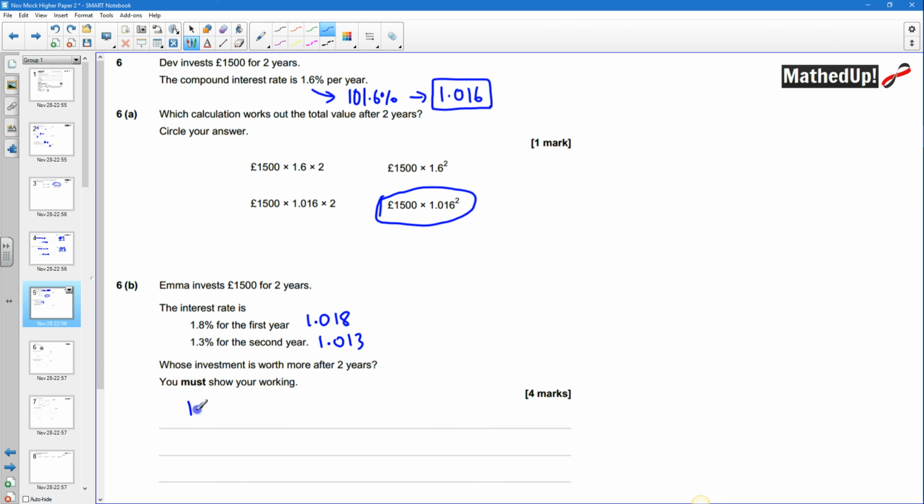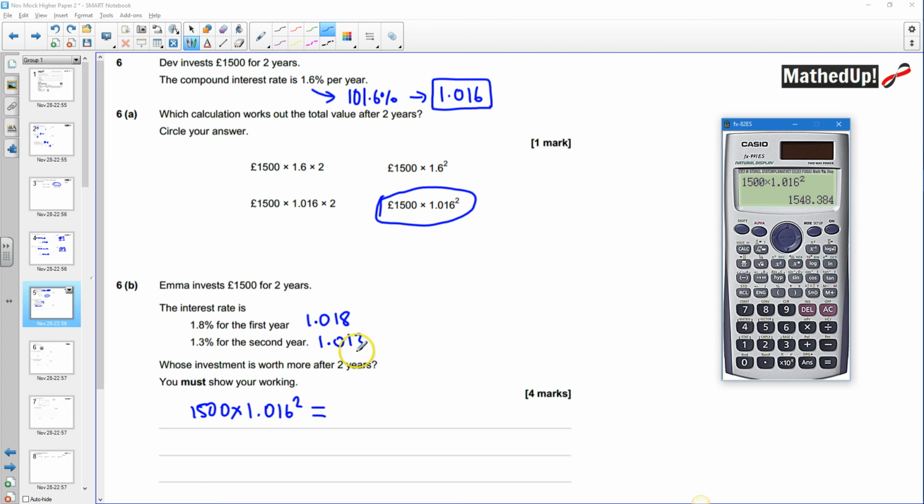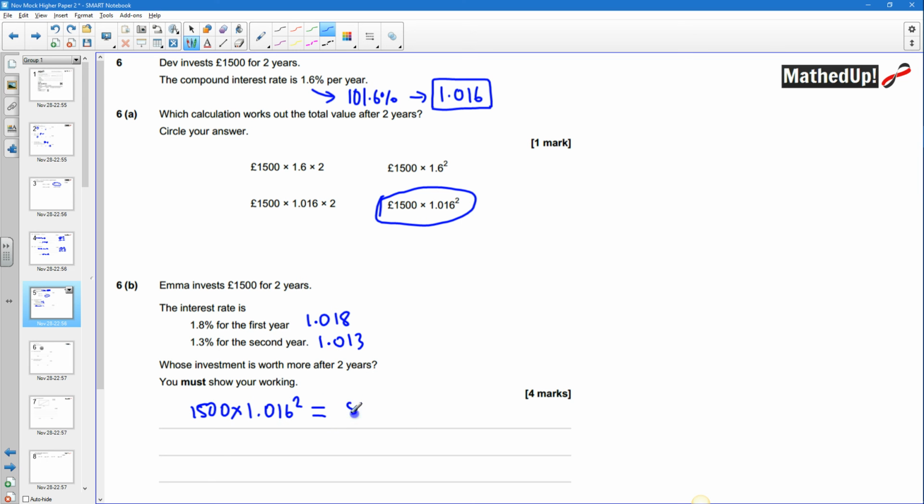So I've got 1,500 times by 1.016 squared, and that equals £1,548.38.